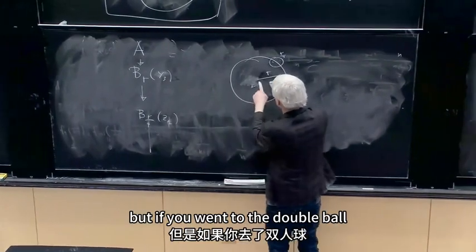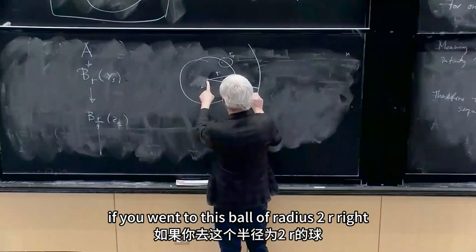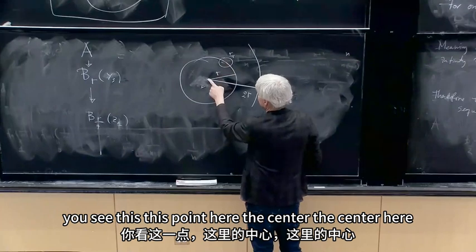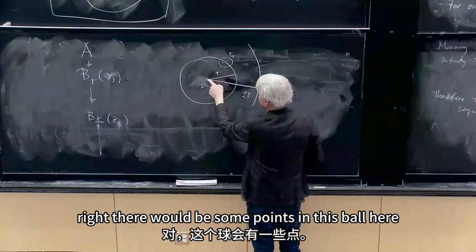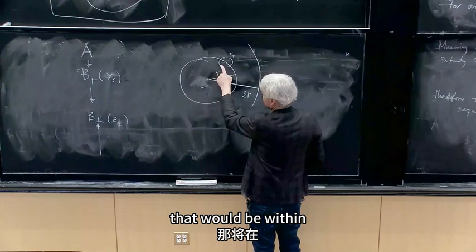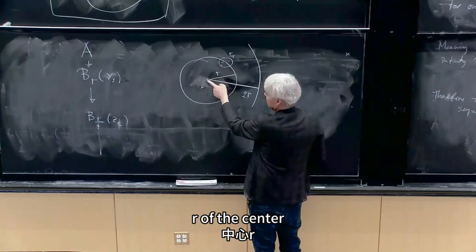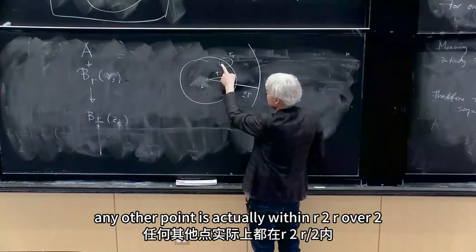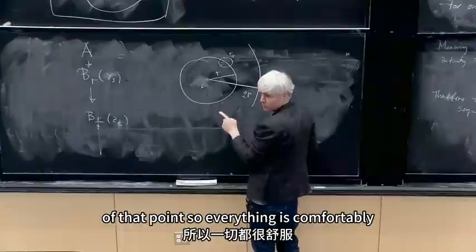But if you went to the double ball, this ball of radius 2r, there would be some points in this ball that would be within r of the center. It may not be the center, but there's some point here that's within r of the center. And then by the triangle inequality, any other point is actually within r over 2 of that point.